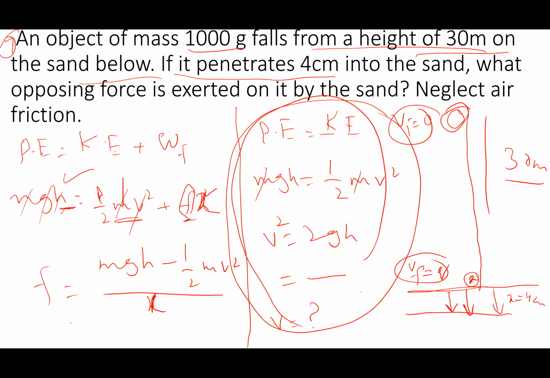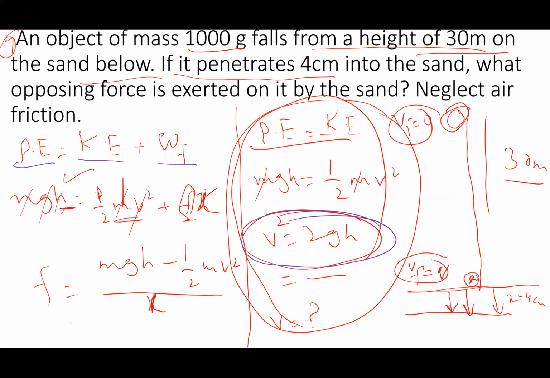Loss in potential energy is equal to gain in kinetic energy. By using this equation, you will find the velocity.